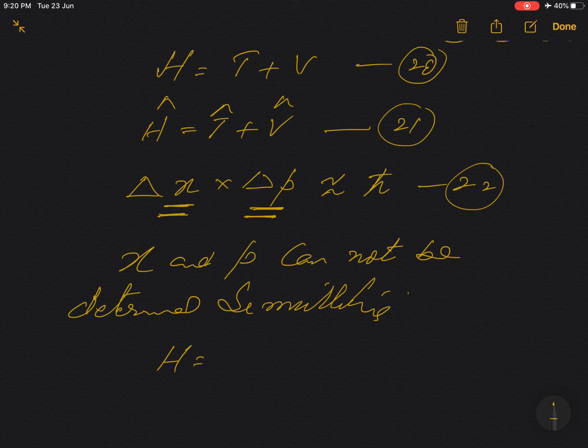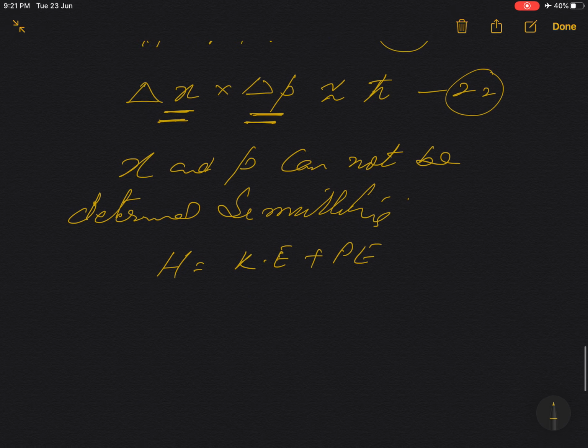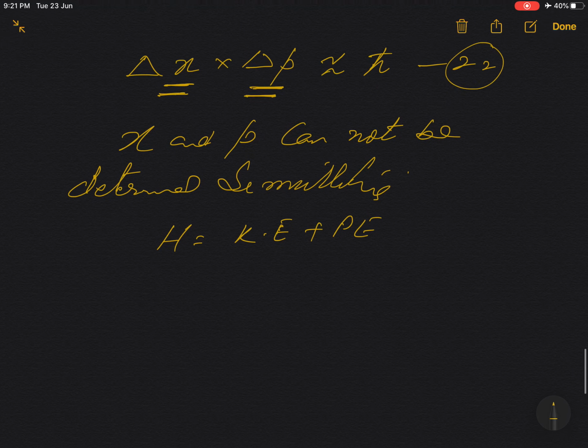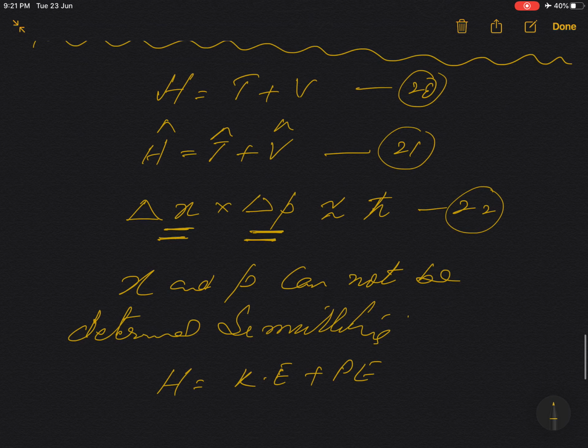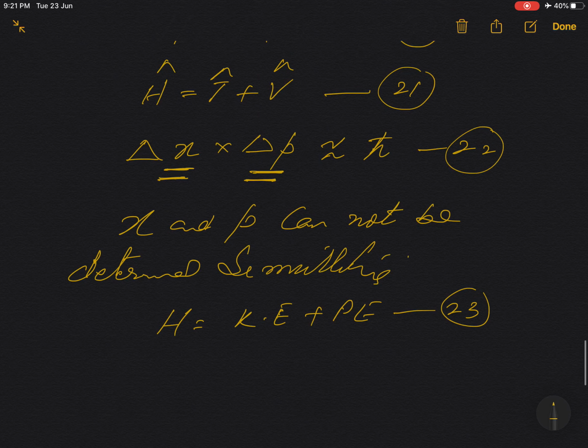Now we know a simple expression: Hamiltonian is kinetic energy plus potential energy. Let us take a very simple example of a harmonic oscillator, where kinetic energy can be written as p square upon twice m and potential energy can be written as half k x square. That is expression number 24.